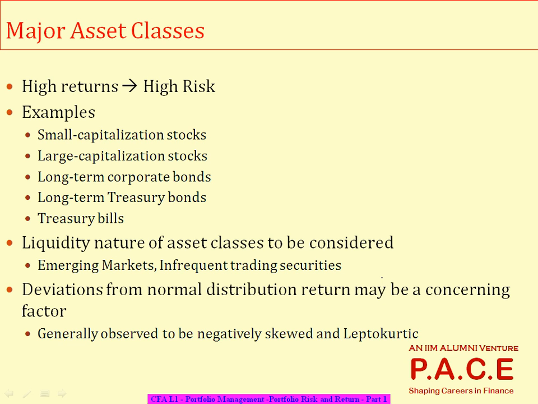But if I find that the data is deviating from a normal distribution, in some cases I may find negatively skewed distributions, skewness is not 0, or leptokurtic, the kurtosis is above 3. In those cases, I have to take more caution in identifying what could be the expected return out of this asset class.